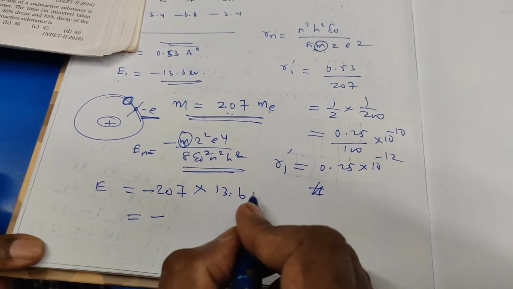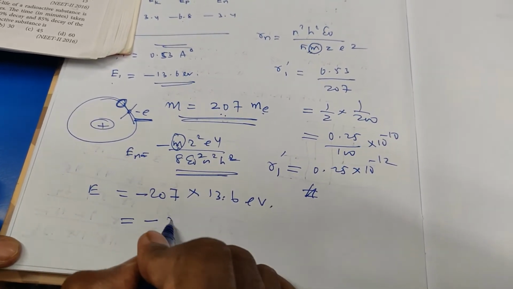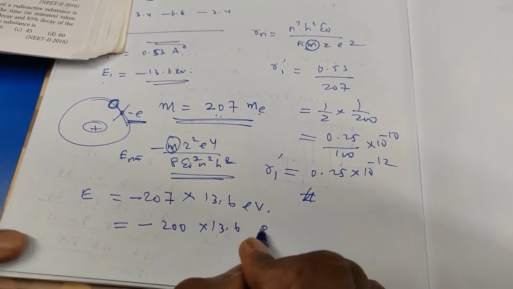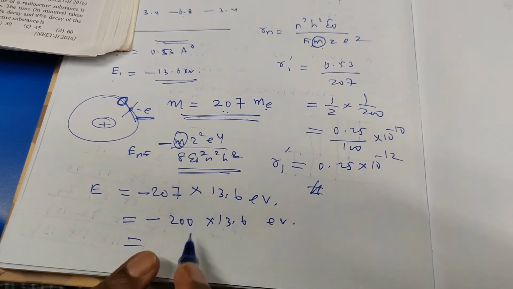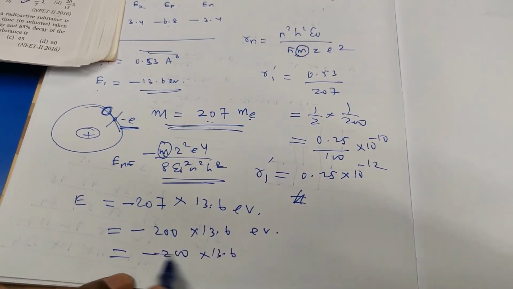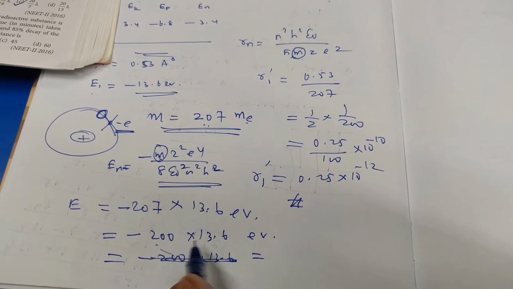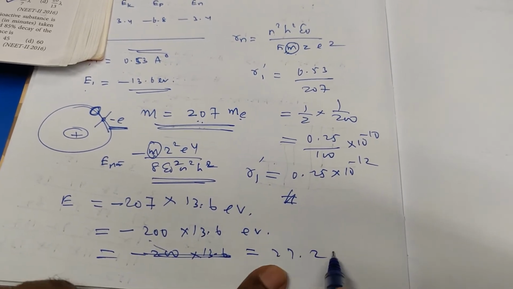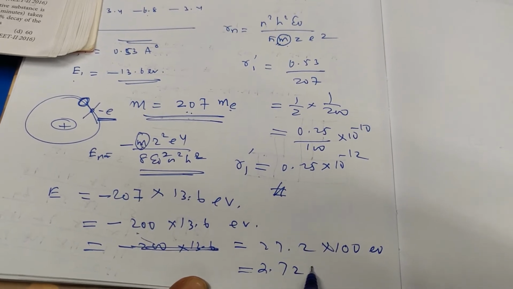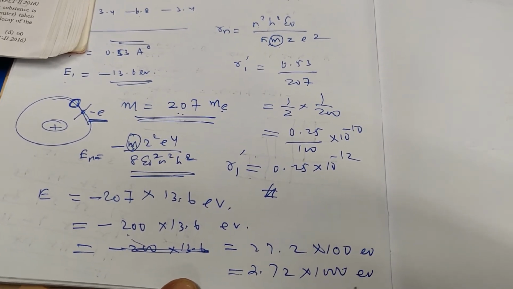Take this as electron volt. So I take it roundly as 200, into 13.6 electron volt. Okay, so 200 into 13.6. Let us multiply. This is 27.2 into 100 electron volt. I can say that 2.72 into 1000 electron volt, isn't it?